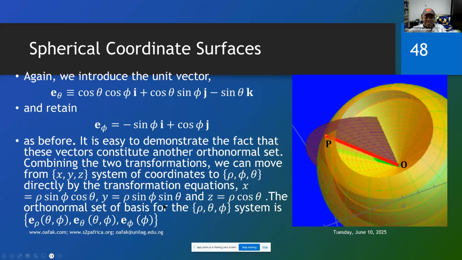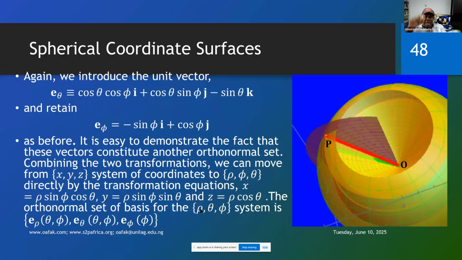The autonomous set of bases for the rho theta phi system is E rho, which is a function of theta and phi, E theta, which is a function of theta and phi, and E phi, which is a function of phi only. So you can see that two of them are angles, and only one of them is in length.